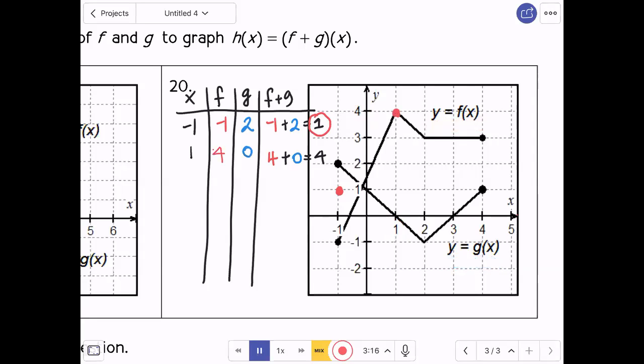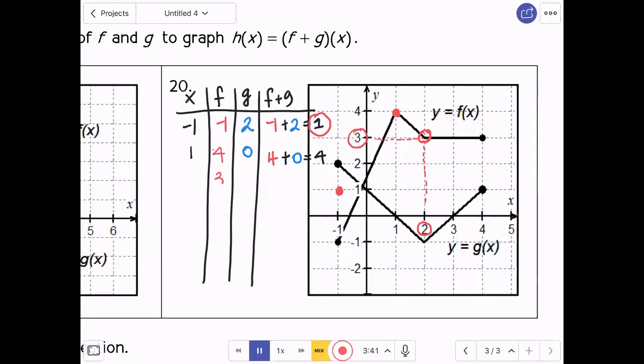Let's pick a couple more points. My next x will be 2. At 2, my f function is here, and my y value is 3.